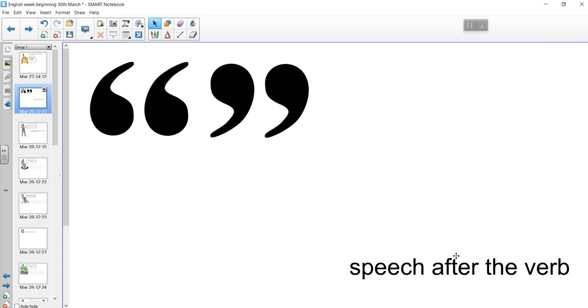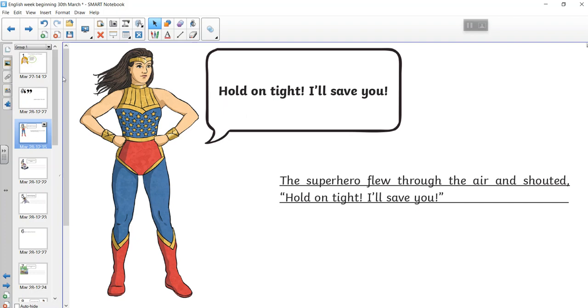So first of all, we're going to look at how we punctuate direct speech when it comes after a verb. Here's an example. So here we have Wonder Woman saying, "Hold on tight, I'll save you." And written in dialogue, it would look like this.